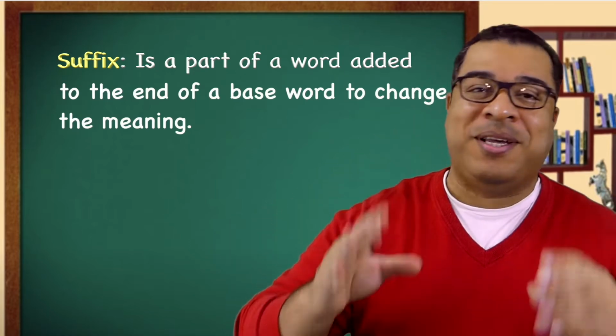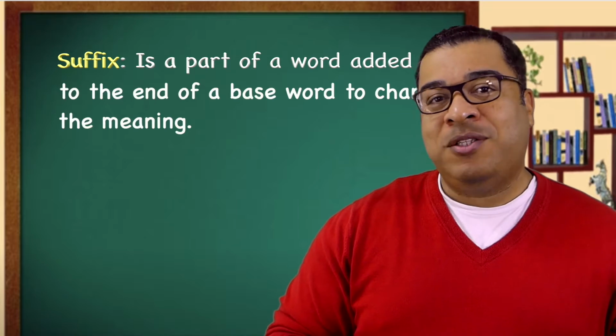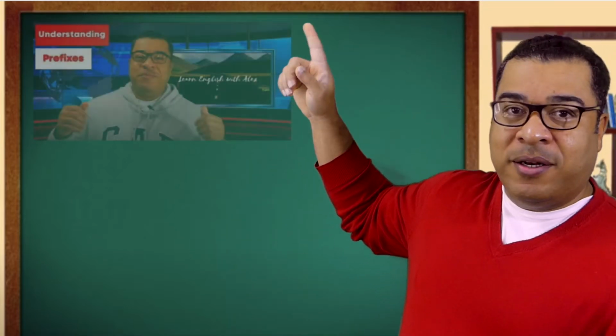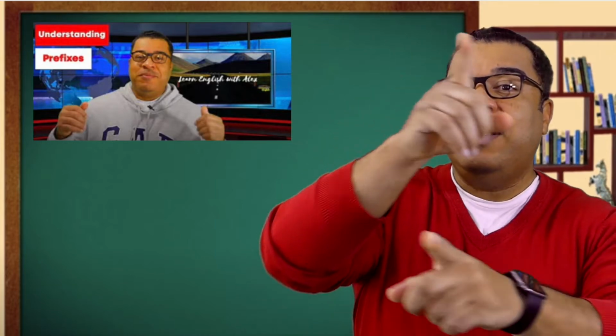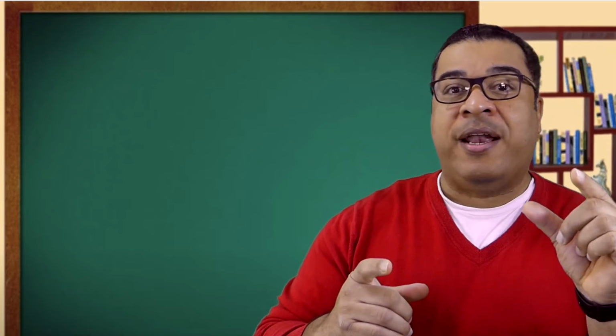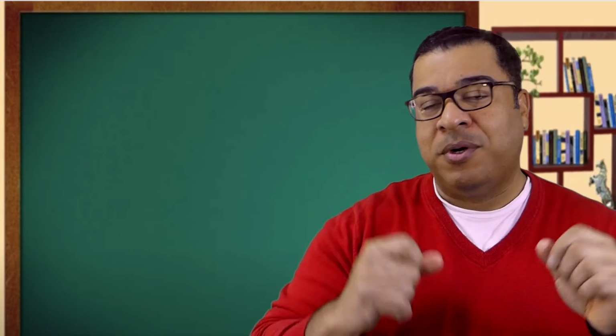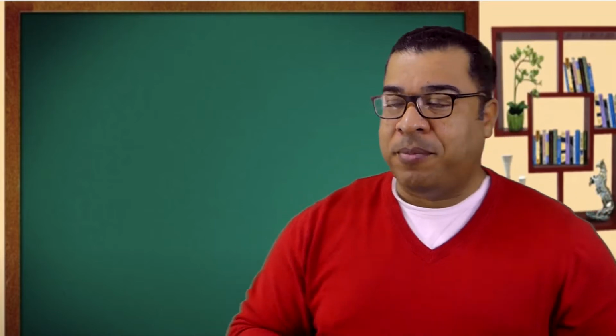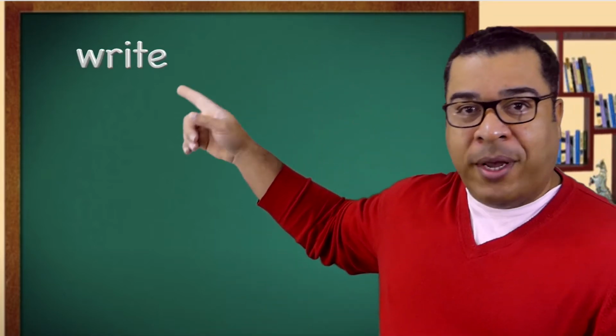I'm sorry, I promise I will explain. Now, if you watched the video last week, what are prefixes? This is kind of the same as a suffix, but it's the opposite. So a prefix is a small word added in front of a base word to change the meaning. For example, you have the word write.